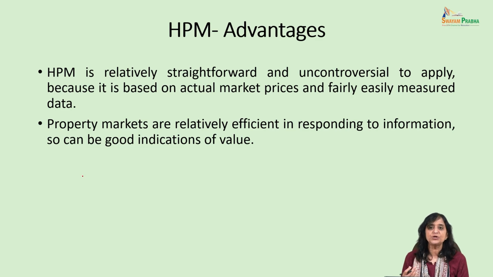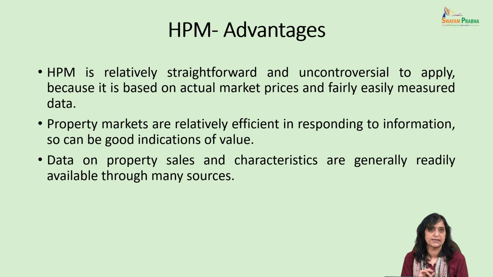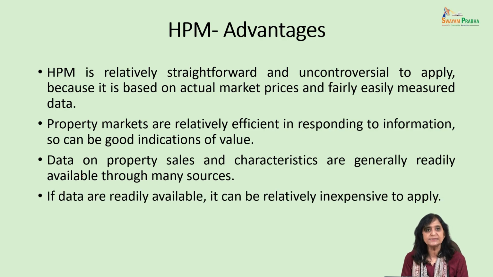We see immediate change in property values if there is a change in the environmental or neighborhood characteristics. And the data on property sales and characteristics are generally readily available through many authentic sources. And if data is readily available, it also becomes a little inexpensive method, because unlike the contingent valuation method, where we have to do a lot of surveys, talking to people, which involves a lot of money, it saves time as well as money.